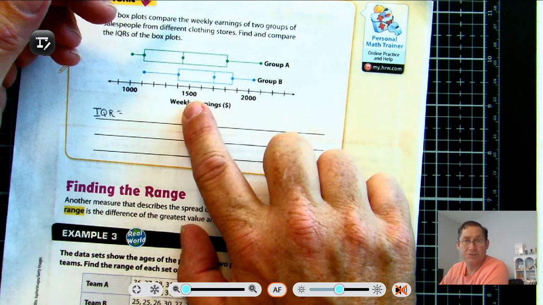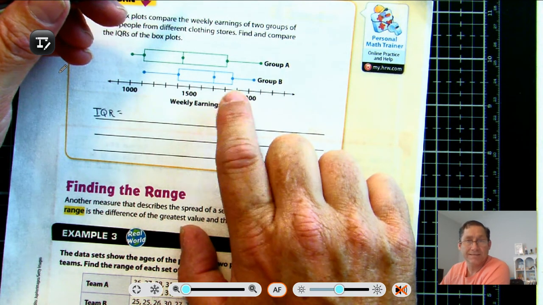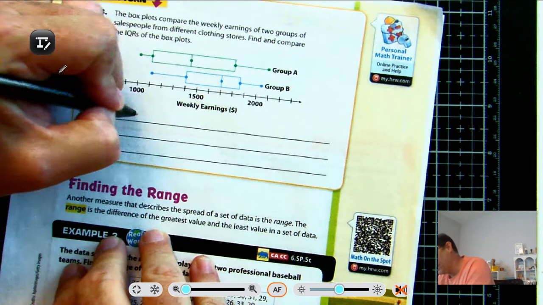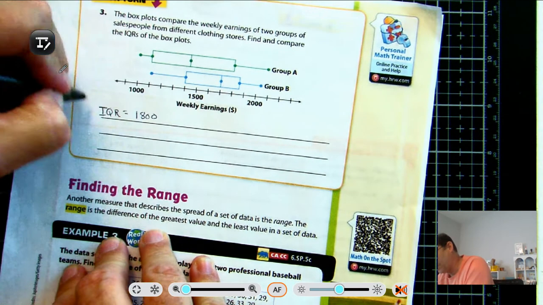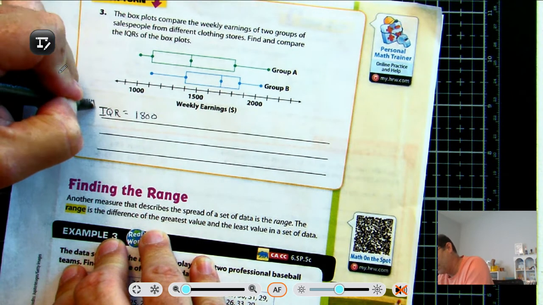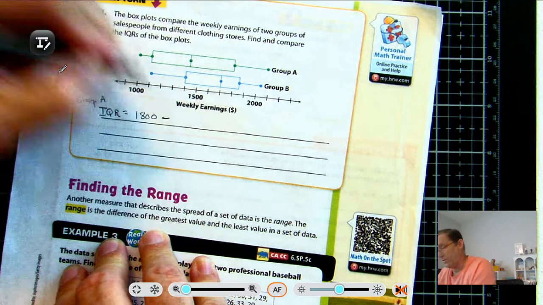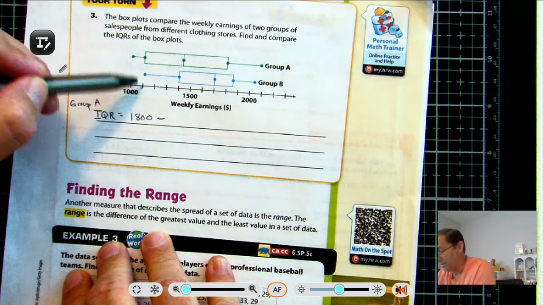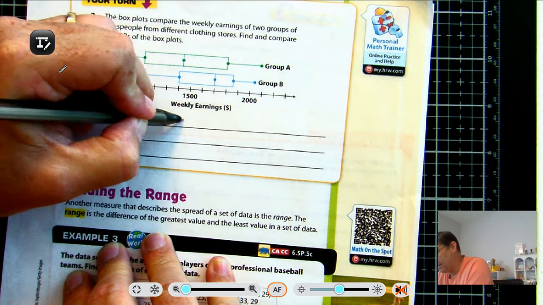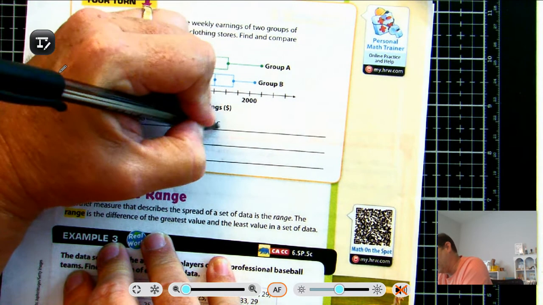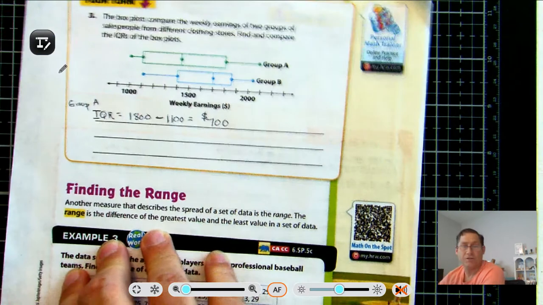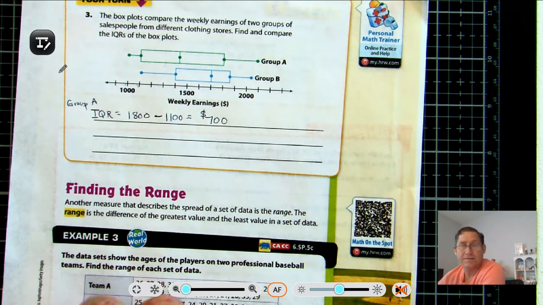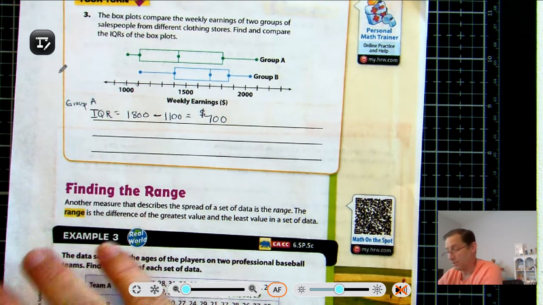So each line is 100. 16, 17. So 1800 is the upper quartile of A. Now we're going to take away the lower quartile, which would be 1100. So they have a difference of $700 in the middle 50% of the group.